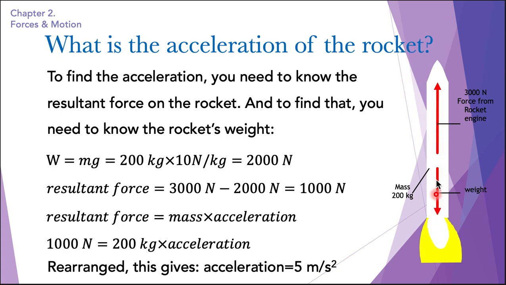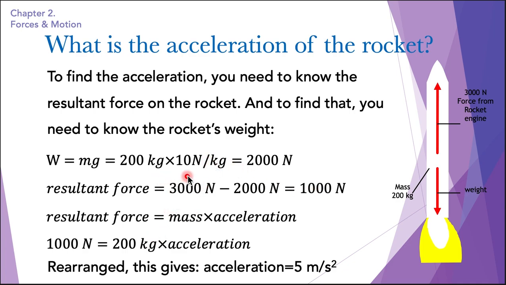Because to find the resultant force, we need to subtract the downward force from the upward force, as it is bigger. And the downward force of the rocket is its weight. But we don't know the value of the weight, so we're going to calculate it like this. Weight is equal to mg, so the mass of the rocket is 200 kg and the gravitational field strength is 10 newton per kg, always.